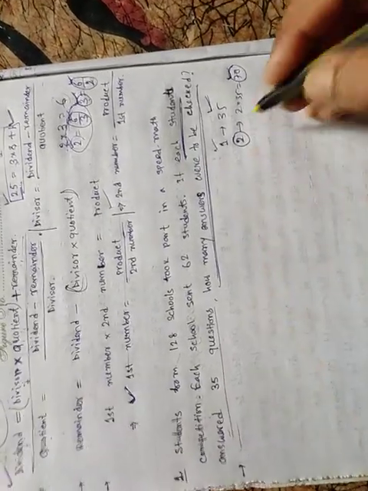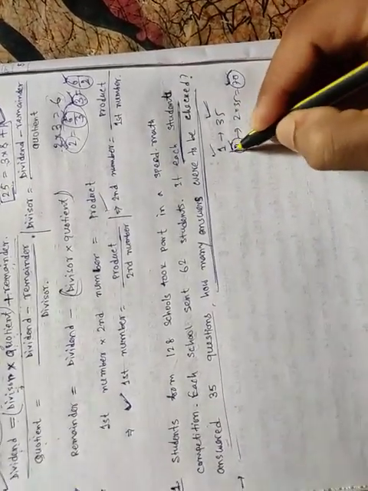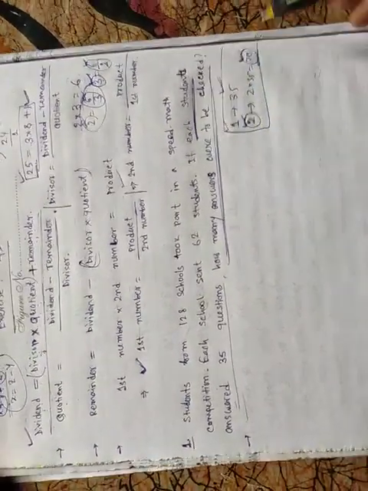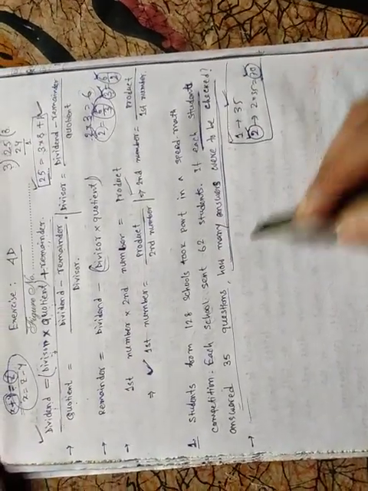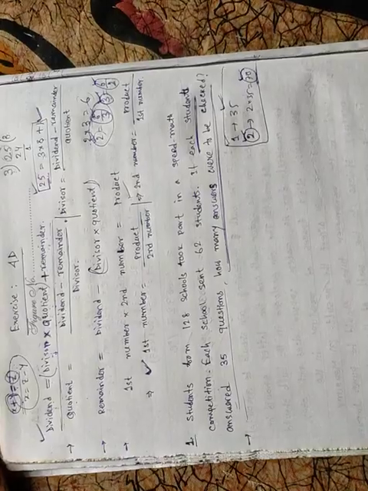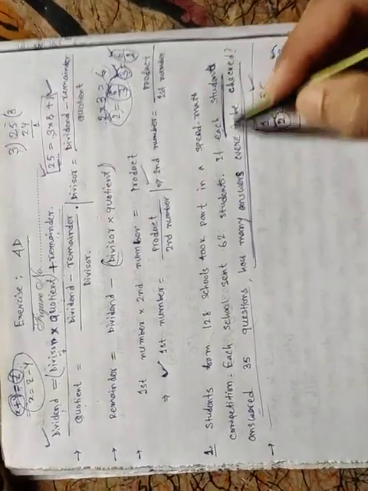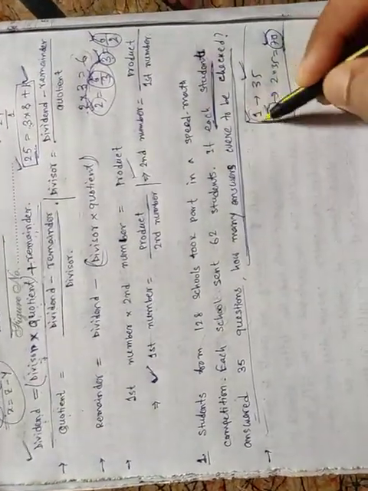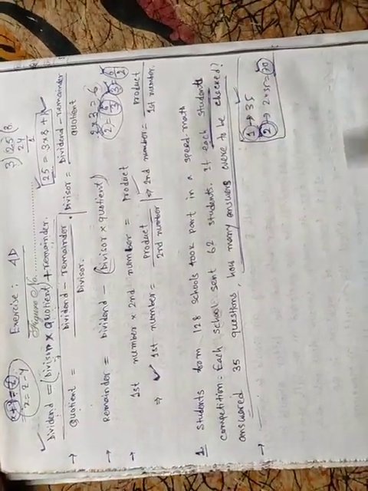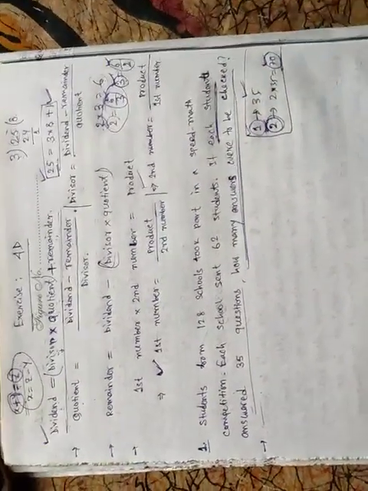Clear? That means if we can calculate the total number of students, then we can calculate the total number of answers to be checked easily by multiplying with 35. Understand the process? Each student answers 35 questions, so two students answered 2 into 35, 70 questions.